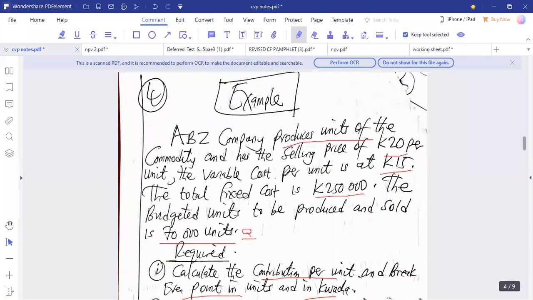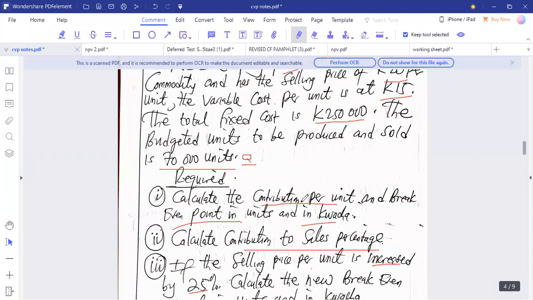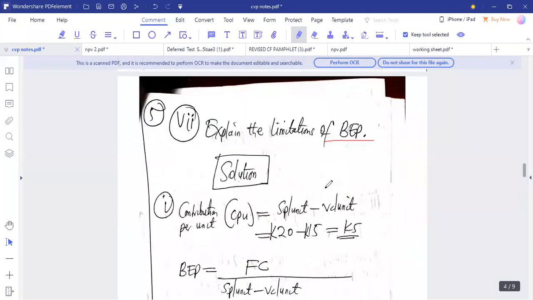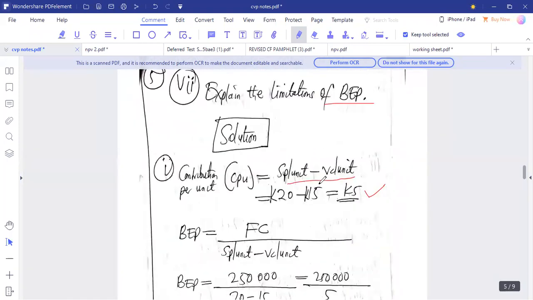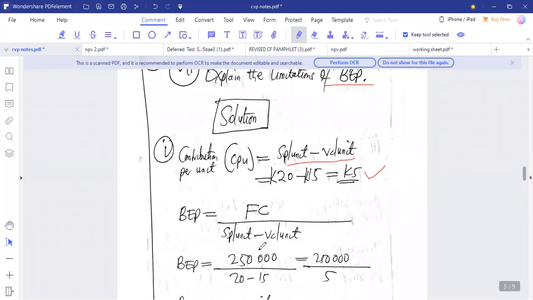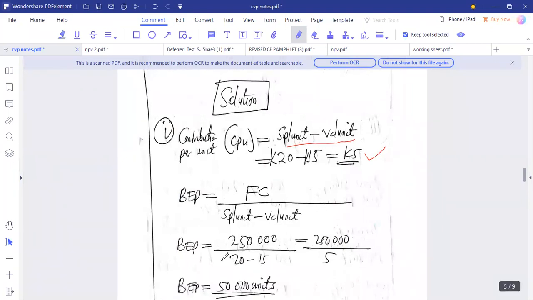All right. So from here, we know that our contribution per unit is equal to selling price per unit minus variable cost per unit. So the contribution per unit, the CPU, is 5 kwacha. Then the BEP is equal to fixed cost over the selling price per unit minus the variable cost per unit.